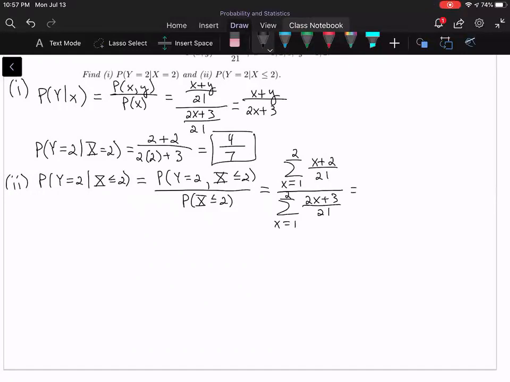On top, you're going to get 1 plus 2, which is 3 over 21, plus when x is 2, you get 2 plus 2, or 4 over 21. On the bottom, when x is 1, you get 5 over 21, plus when x is 2, you get 7 over 21. So our numerator is going to be 7 over 21, and the denominator is 12 over 21, which means that our answer is 7/12.